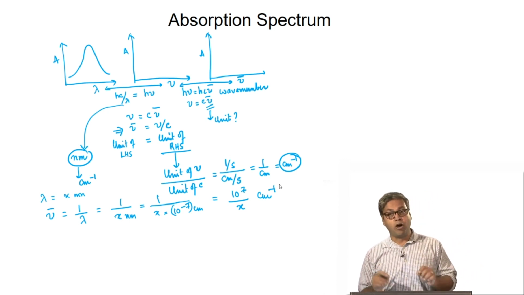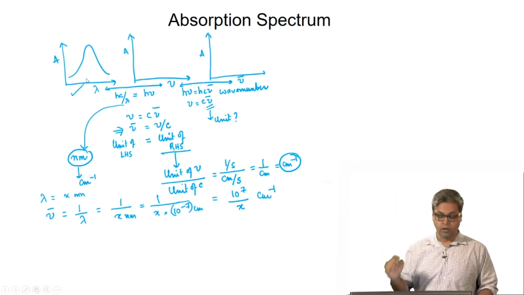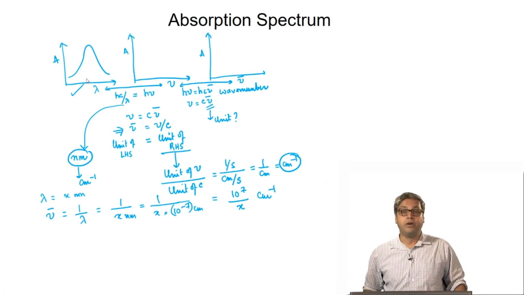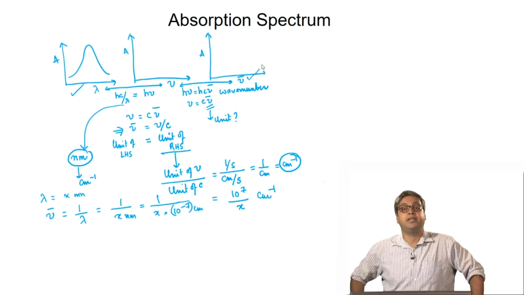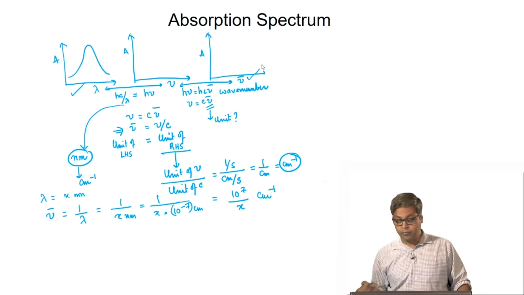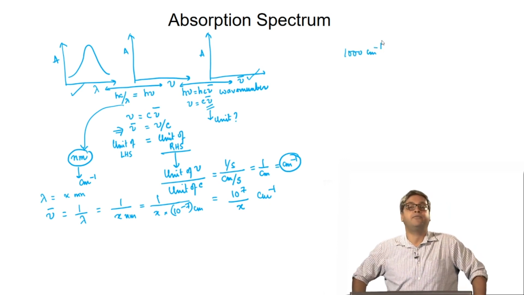Conventionally, when we plot a UV visible spectrum, we use wavelength on the x axis. However, when we plot an infrared spectrum, conventionally we plot wave numbers on the x axis. This is just a convention used for convenience, such that the values plotted on the x axis are not very large numbers. Let us see what I mean by that. For example, 1000 wave numbers is a typical IR frequency.